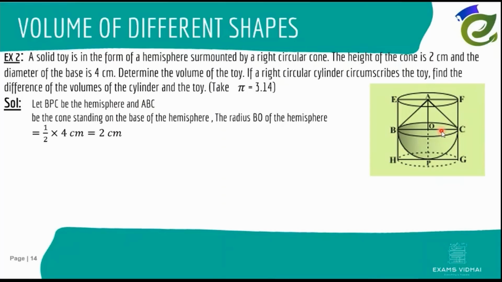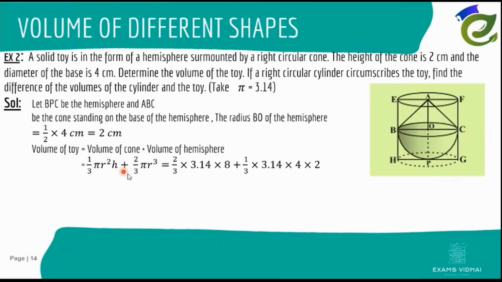The radius BO of the hemisphere is 2 centimeter. Since the cone is surmounted on a hemisphere, the volume of the toy becomes the sum of the volume of the cone and the volume of the hemisphere.